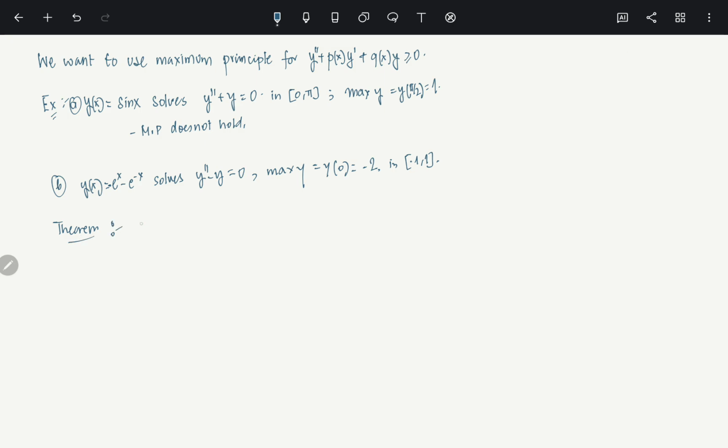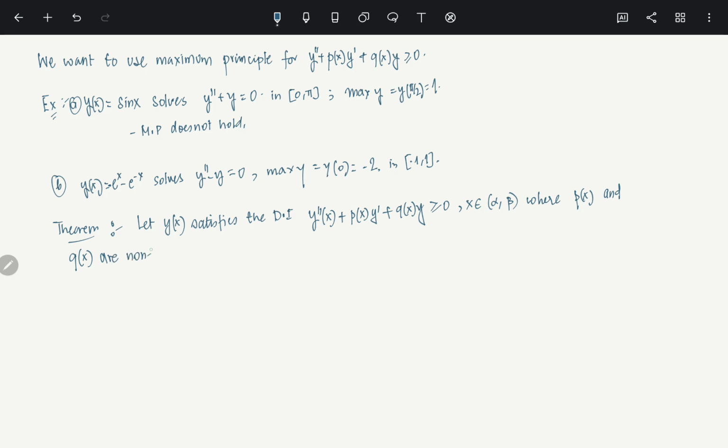What does this theorem say? It says: let y of x satisfy the differential inequality y double prime of x plus p of x y prime plus q of x y greater than or equal to 0 for x in (alpha, beta), where p of x and q of x are non-positive and bounded.